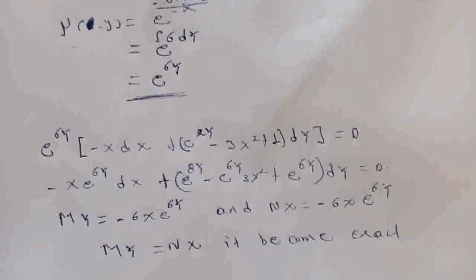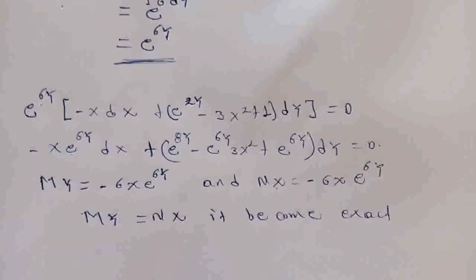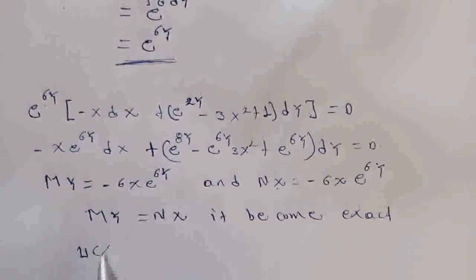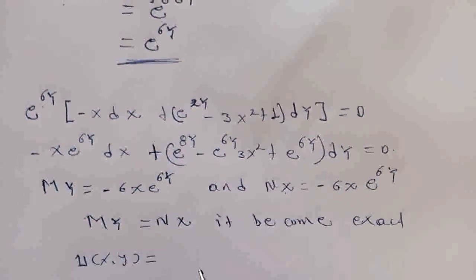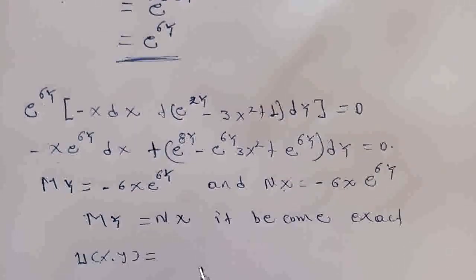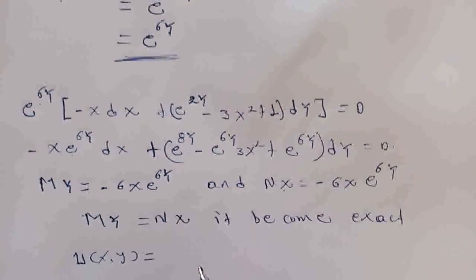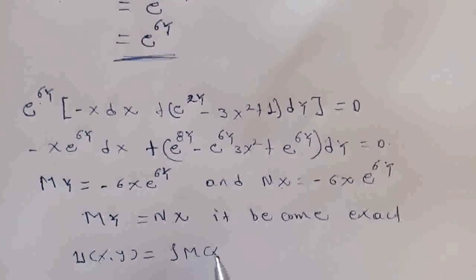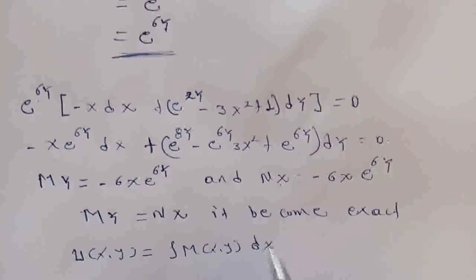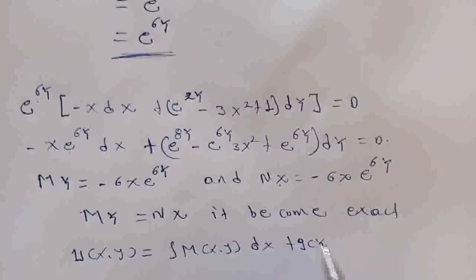Now what you can do, if it's exact, we have the solution, that is u of x y, which is equal to the integral of M of x y dx plus simply g of y.